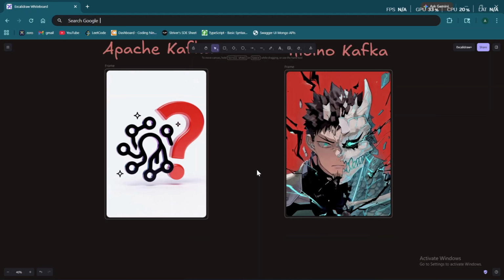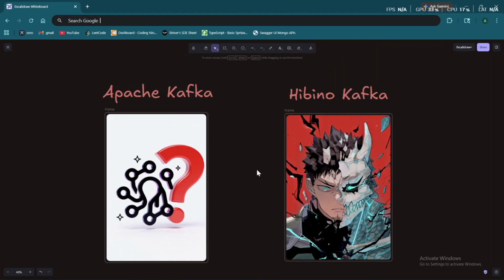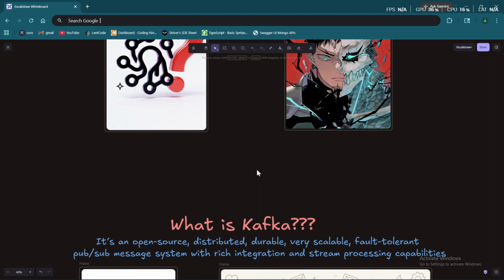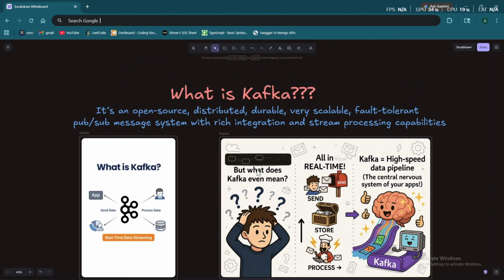So let's see the official definition of Apache Kafka. The definition says it is an open source, distributed, durable, very scalable, fault tolerant pub sub message system with rich integration and stream processing capabilities.